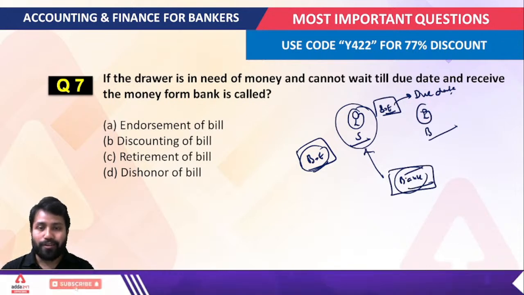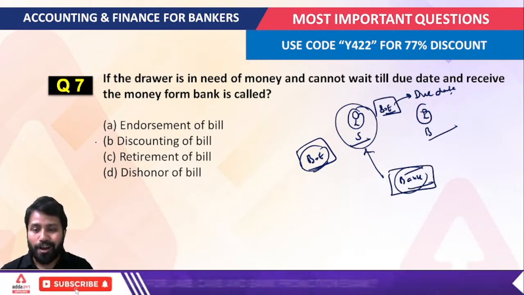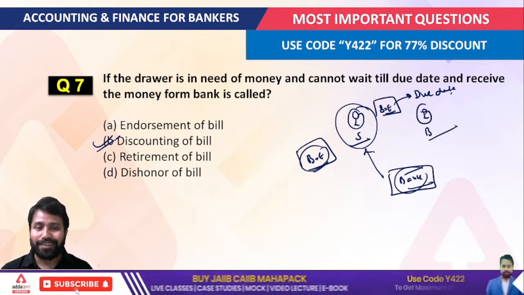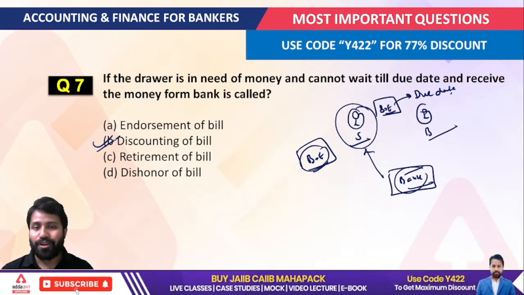This is called the discounting of the bill. I think you are getting the answer, right? So this is known as discounting of bills.